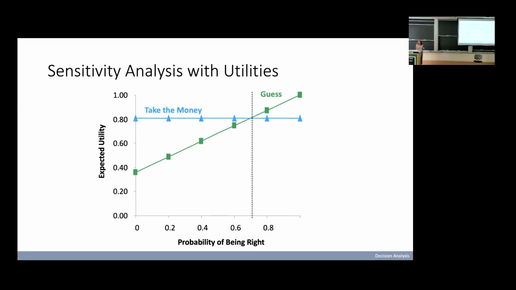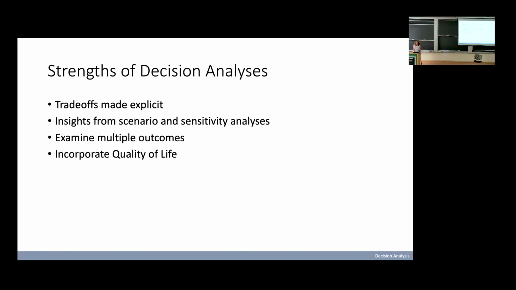So now we attach some value to it, and now our threshold is 0.7. If your probability of guessing right is less than 0.7, you just want to take the money. If your probability of guessing correctly is 0.7 or greater, you guess. That is what a rational decision maker would be doing.